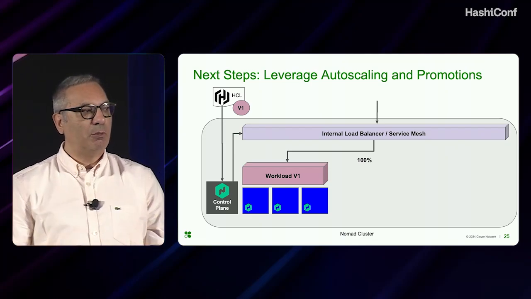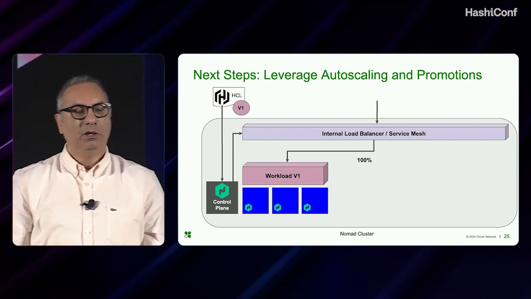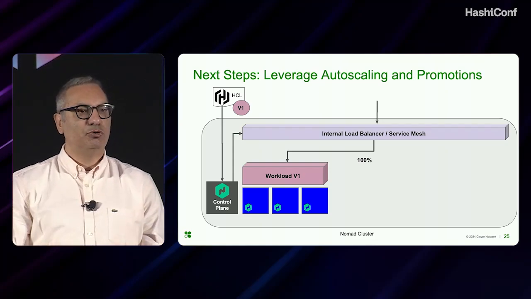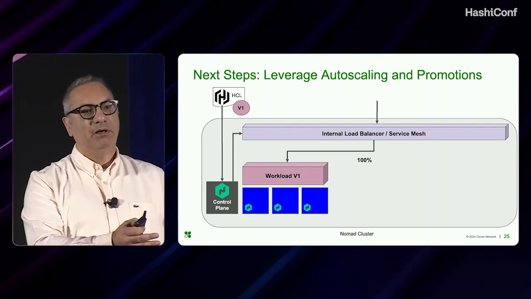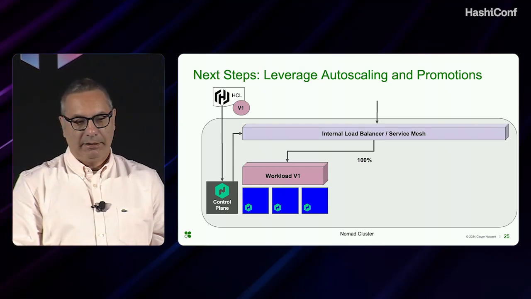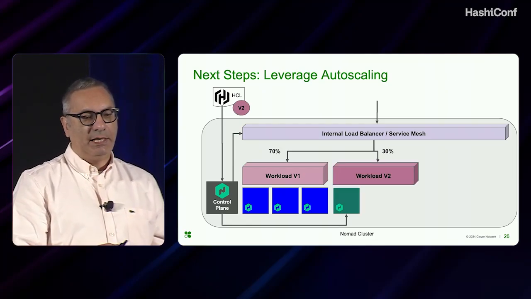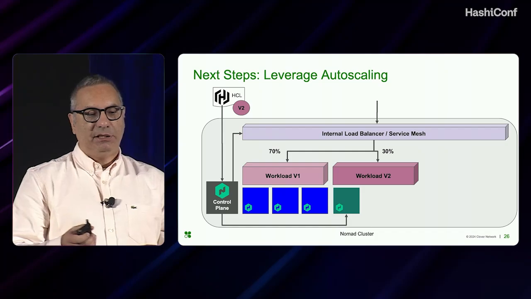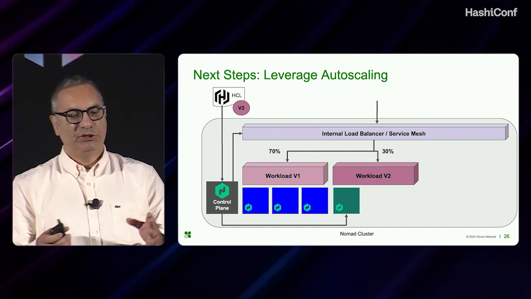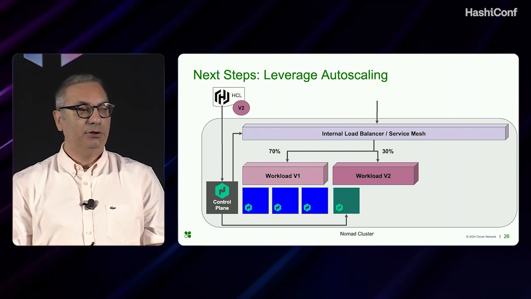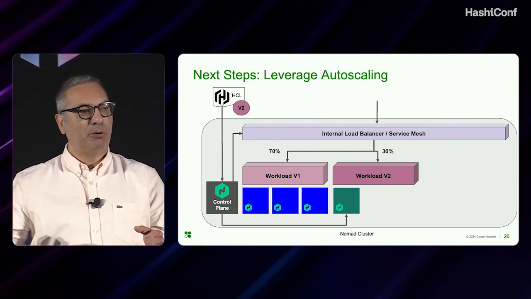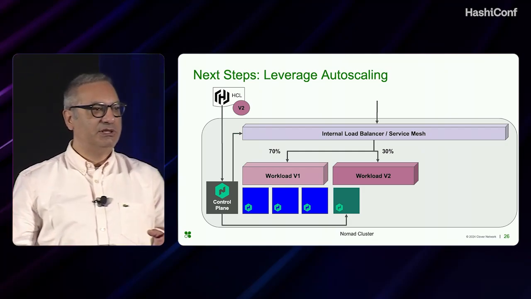But moving forward, what we would like to do is move into an auto-scaling approach where, based on the load and on the traffic, we can move from one version to the other. And so the idea is that with the auto-scaling capability, we should be able to start to increase the workload on the new version directly proportionally to the amount of traffic that we send to it, right?